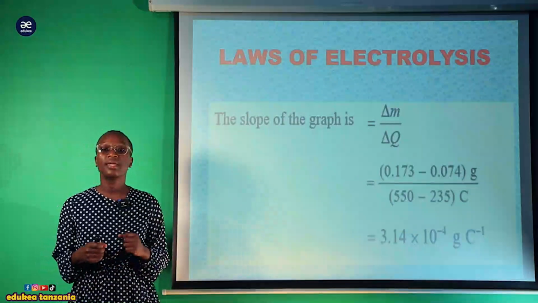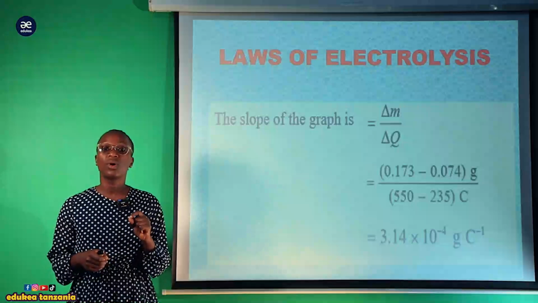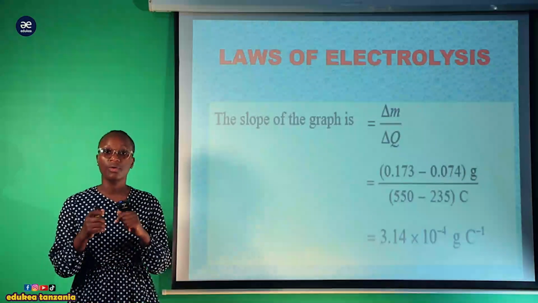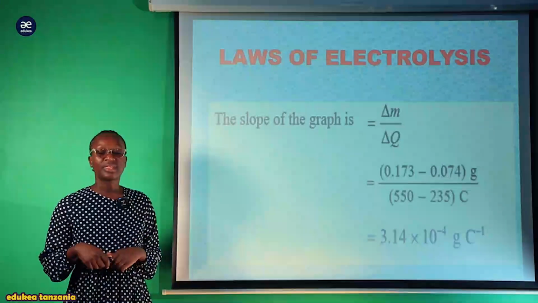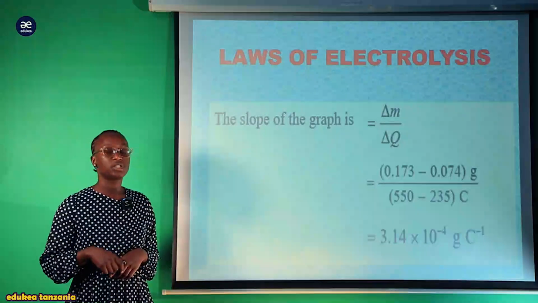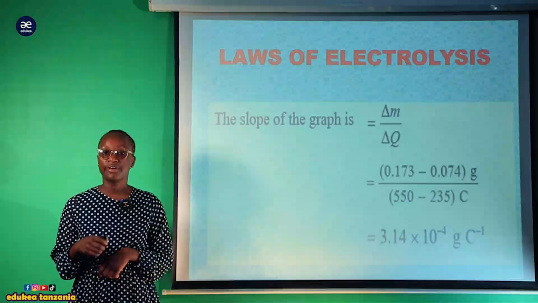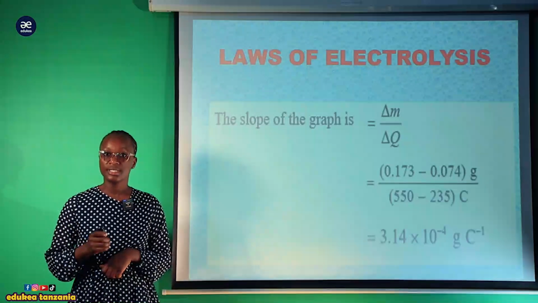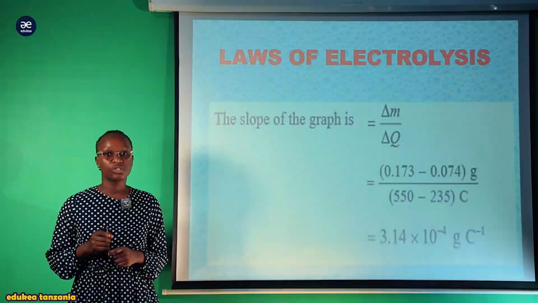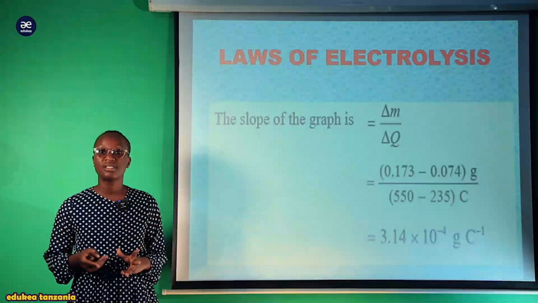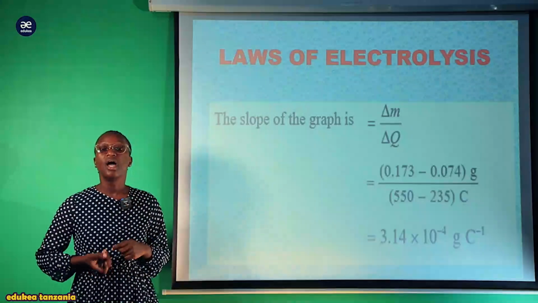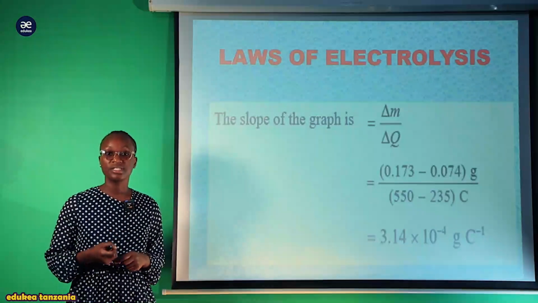Now from here we can find a slope which is equal to the electrochemical equivalent. The slope of the graph is equal to the change in mass over the change in quantity of electricity. When we talk about a change in mass, it means we consider the higher mass minus the lower mass to get the actual mass. The same applies to the change in quantity.